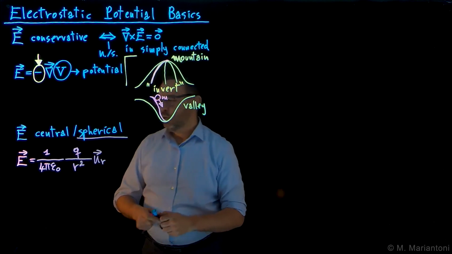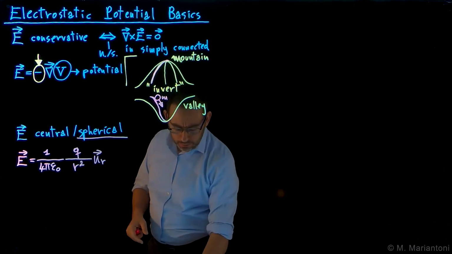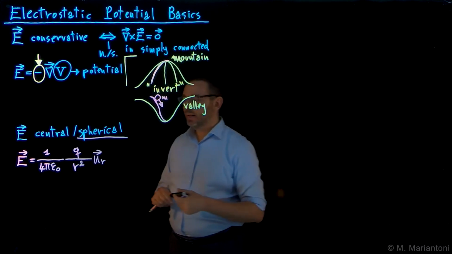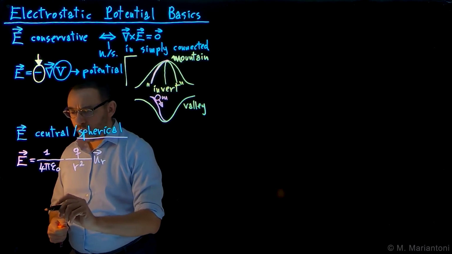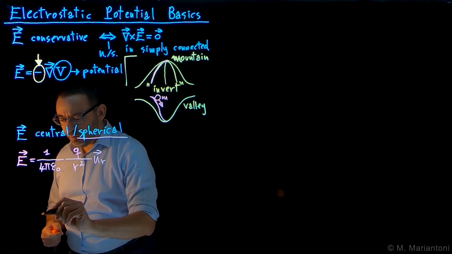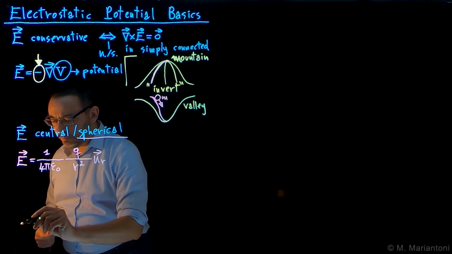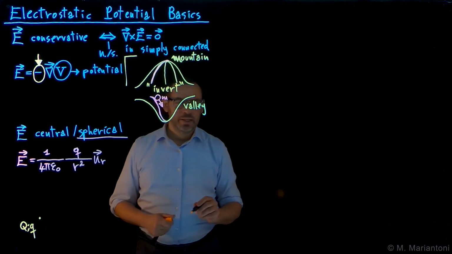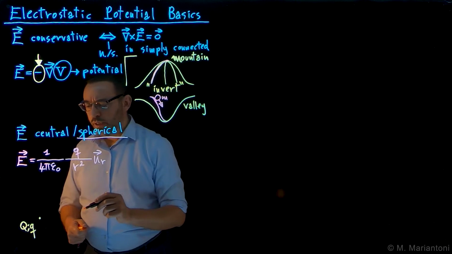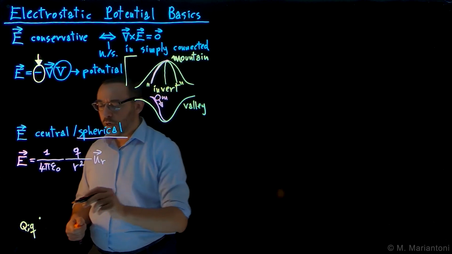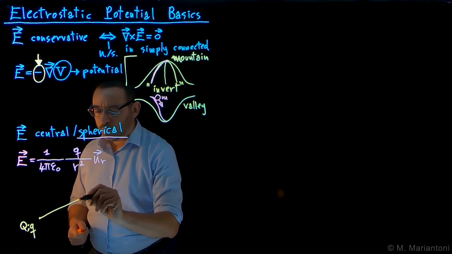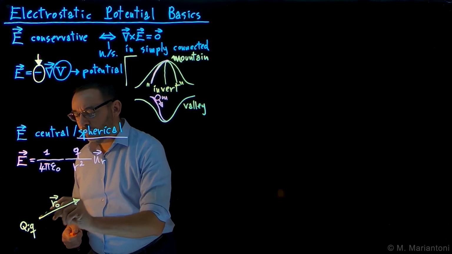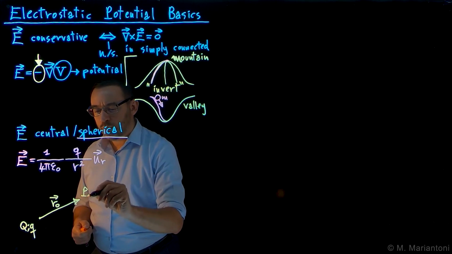Now, suppose that this field is generated by one single point-like charged particle in space with charge small q, located at, as always, our source point capital Q. And suppose that we want to use a test particle Q naught and move it from a point R naught away from capital Q. This is point capital P naught.